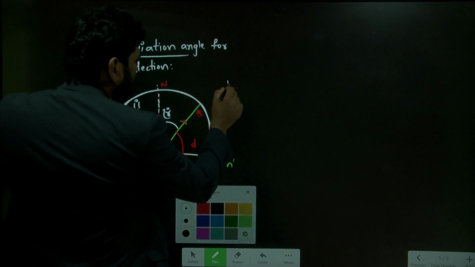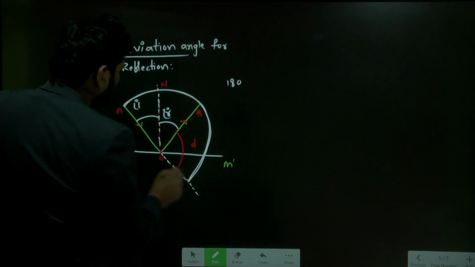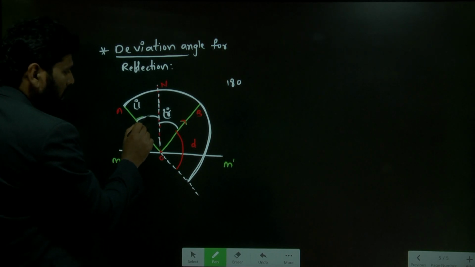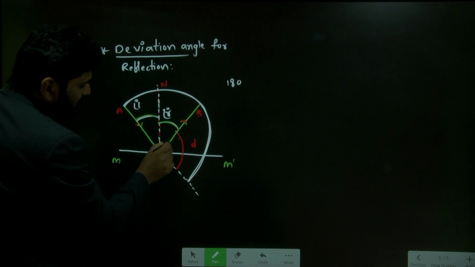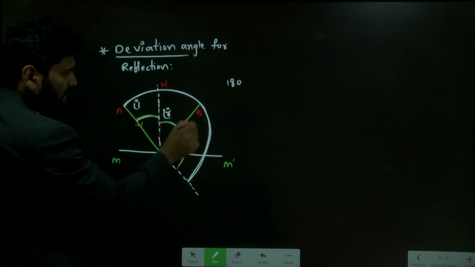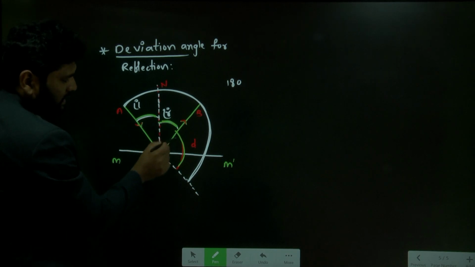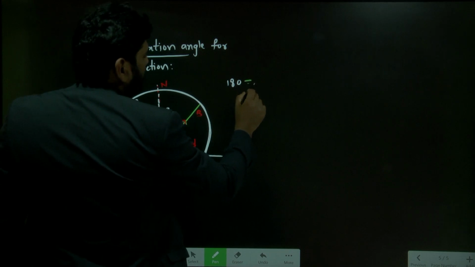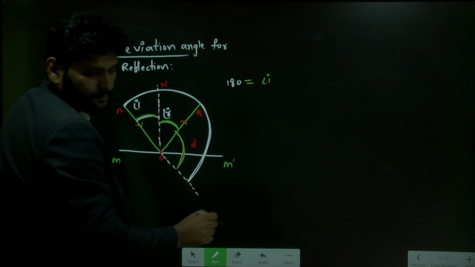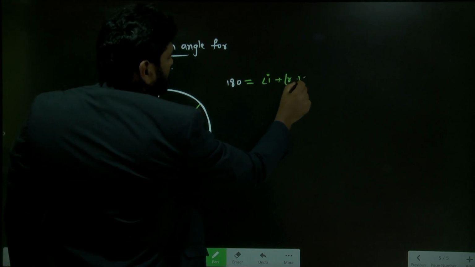This 180 degrees is equal to angle of incidence plus angle of reflection plus deviation angle. So we write 180 as angle of incidence plus angle of reflection plus deviation angle.